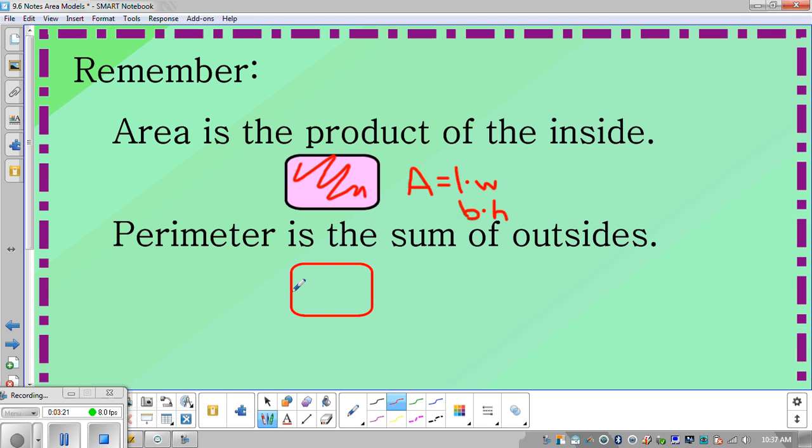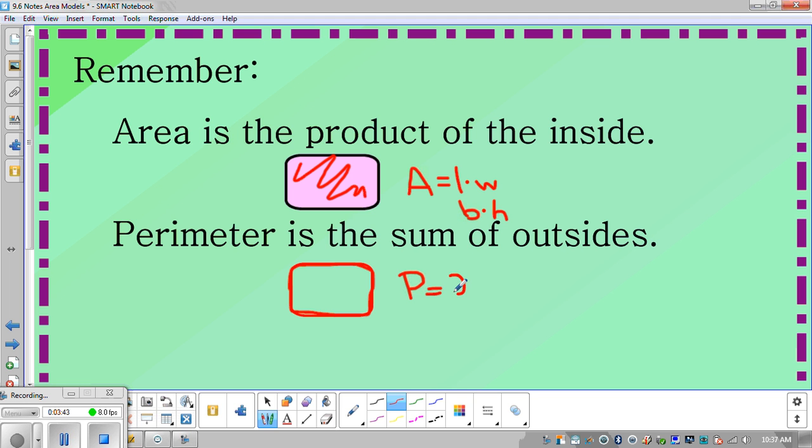Now when we talk about perimeter, we are going to add all the sides together, and that will give us our perimeter. So for example, we have 2 lengths. So we have a length here, and we have a length here.